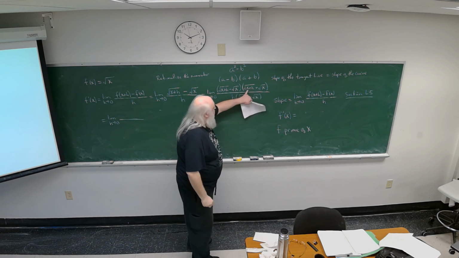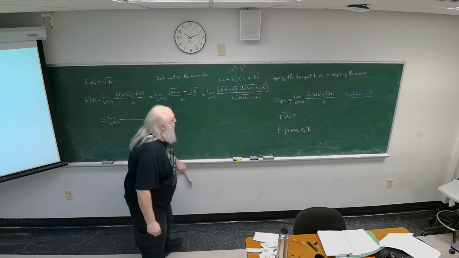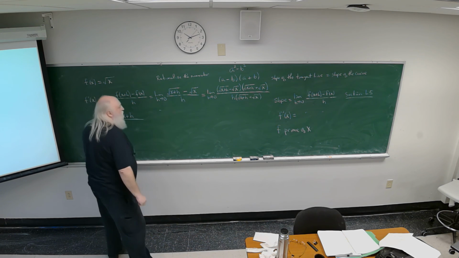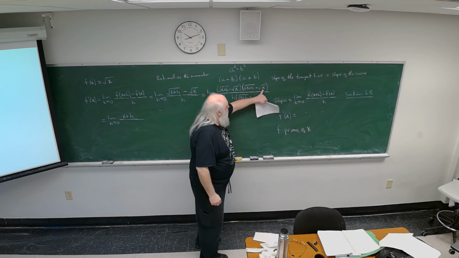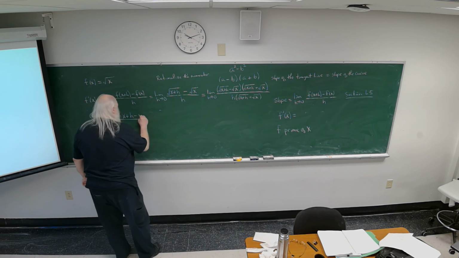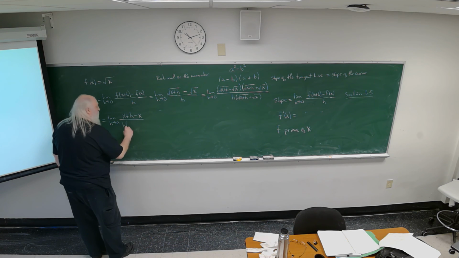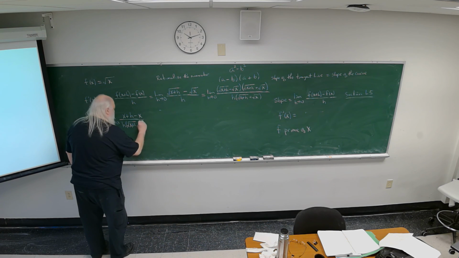Well, a squared is square root of x plus h squared. Squaring undoes the square root, and you're just left with x plus h. b squared is square root of x squared, which is just x. So we end up with minus x all over h times the square root of x plus h plus the square root of x.